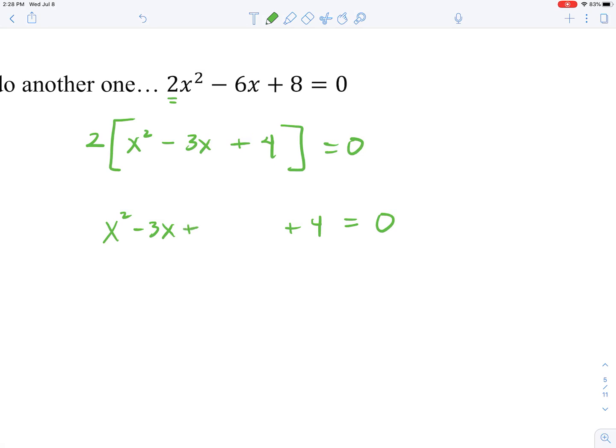So we'll have x squared minus 3x. I'm going to leave my space for adding 0. Okay, so now I'm going to add negative 3 divided by 2 squared, which will end up being 9/4, and subtract that value as well. By the associative property of addition, I'll group those first 3 terms.